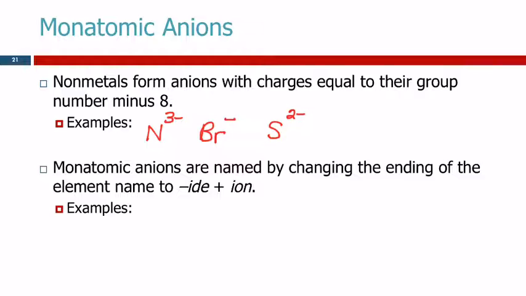So let's name these 3 that we just came up with. N is nitrogen, and so that would be nitride ion. And Br minus would be what? Br is bromine, bromide.